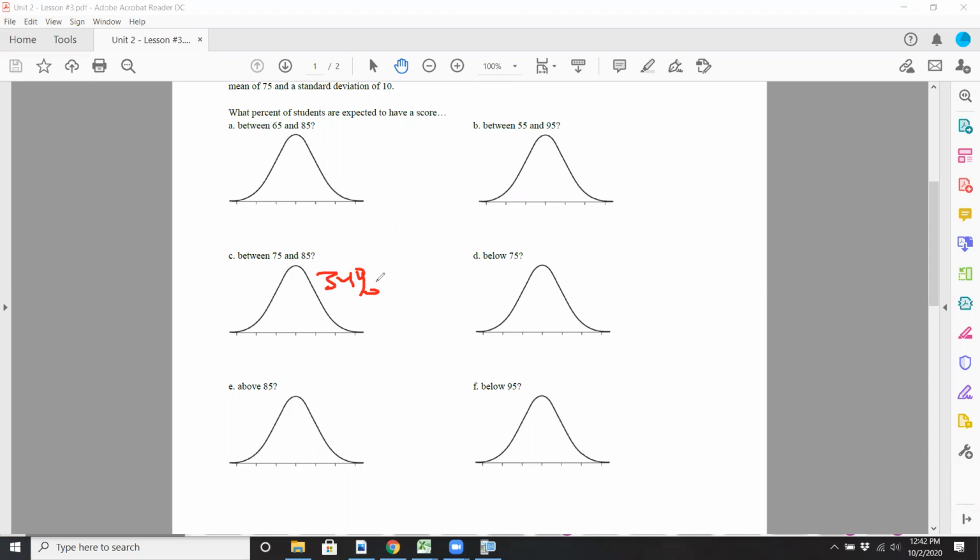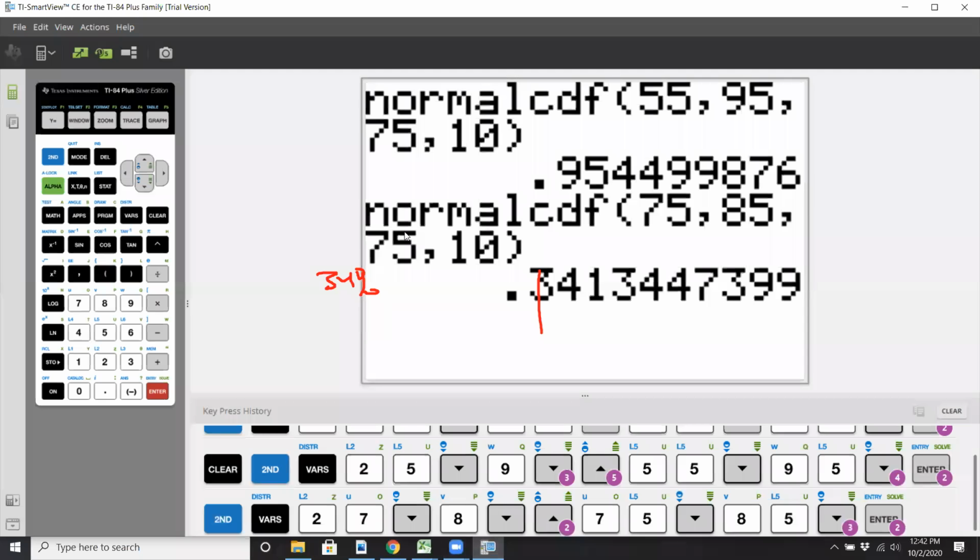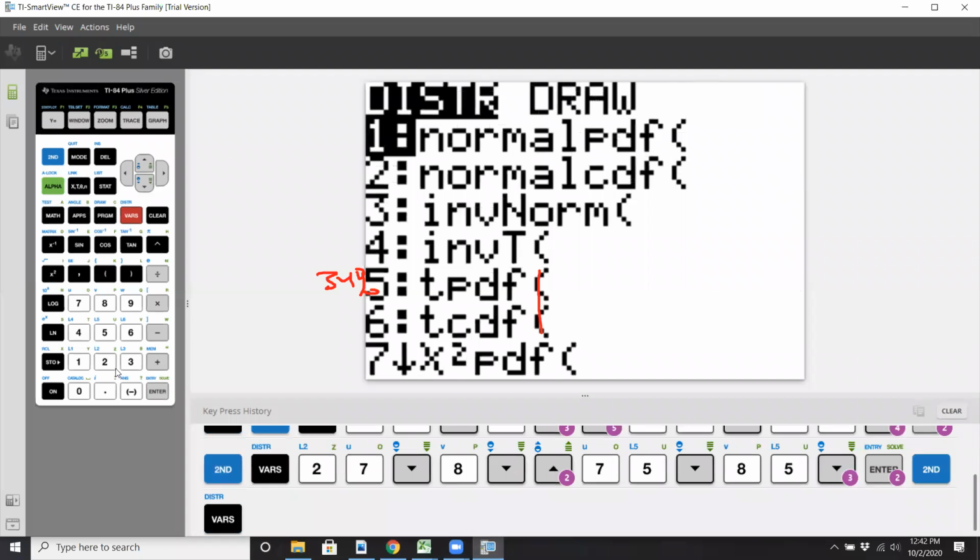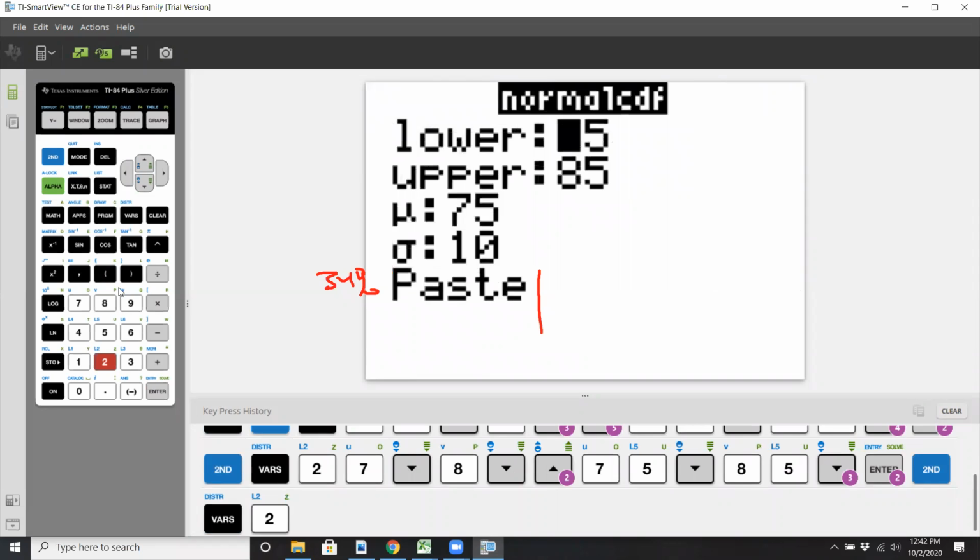Now, to be below 75, so here's 75. I know it's going to be 50%, right? But how would you do this in the calculator? You go to, again, second, distr, option 2, and you're going to put your lower as a negative large number, if that makes sense.